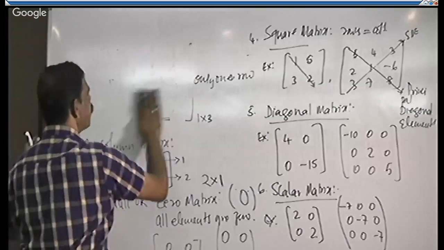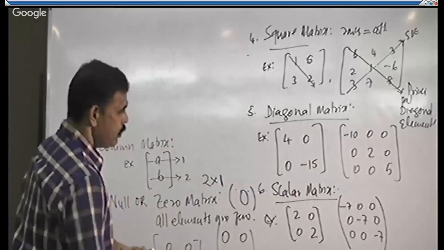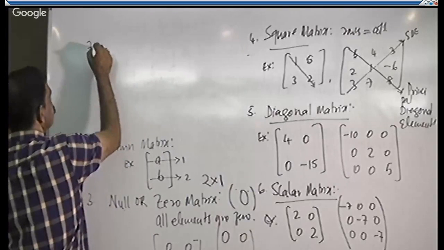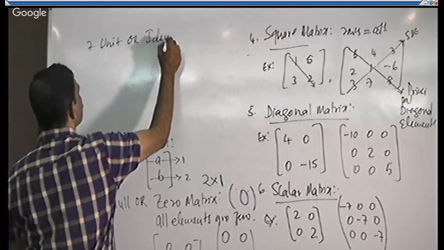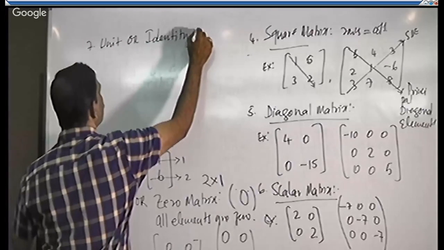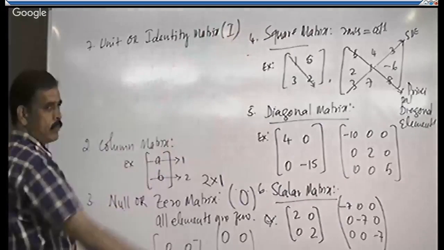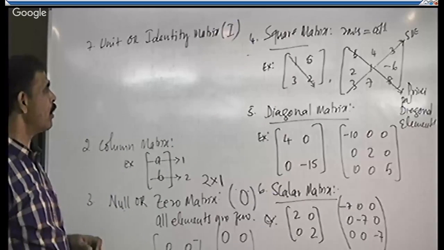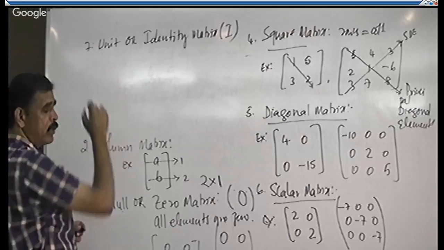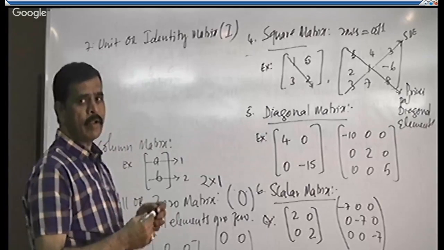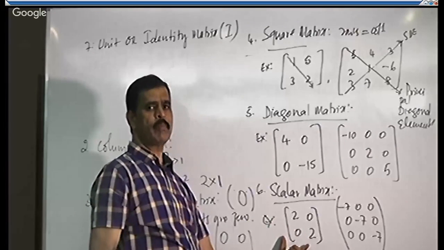Unit matrix or identity matrix, which is very important. It is always denoted by I. It is a type of matrix similar to the scalar matrix.